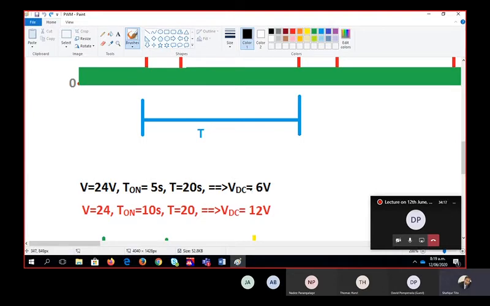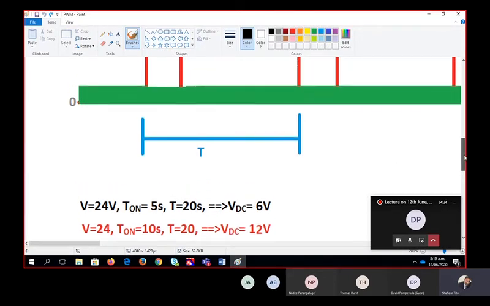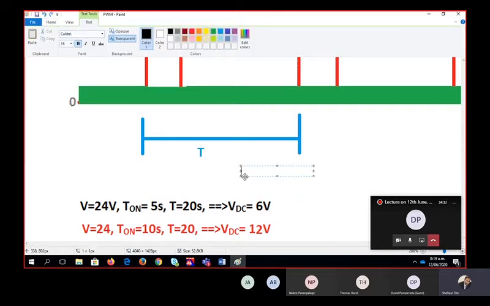So if I do the calculation of the VDC, that is the average, I can do it using a formula. What is the formula? V average is equal to VDC, and that would be equal to how long it is on.